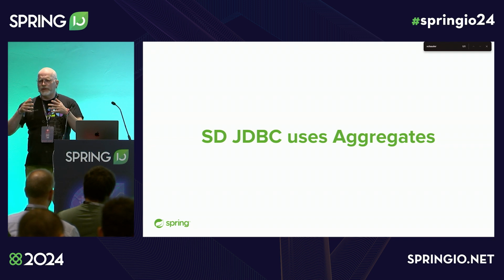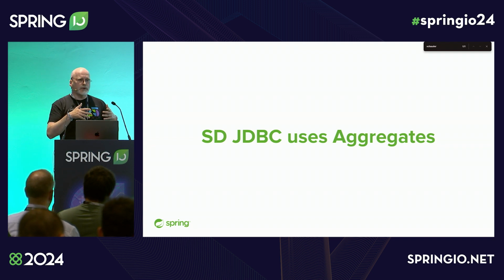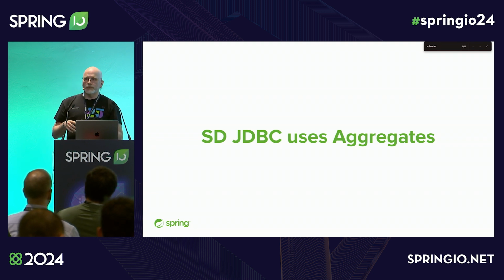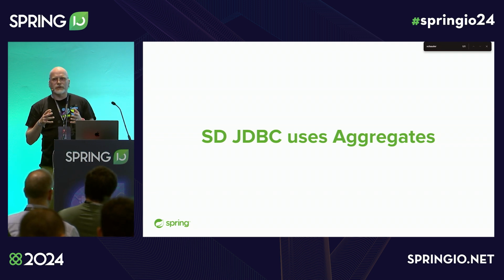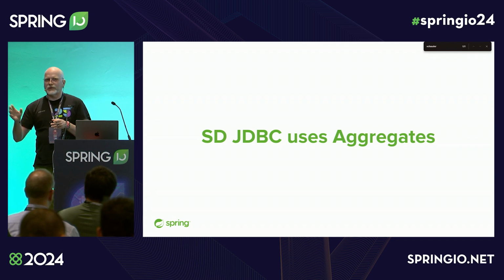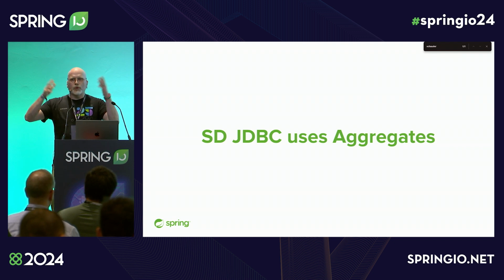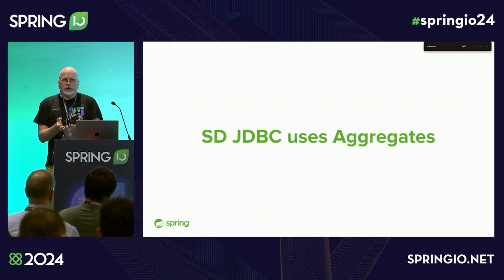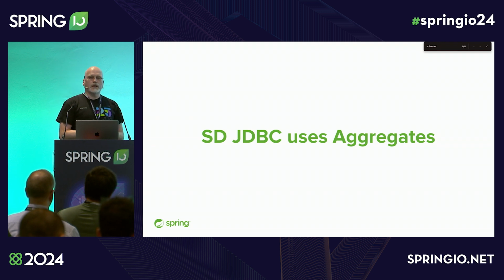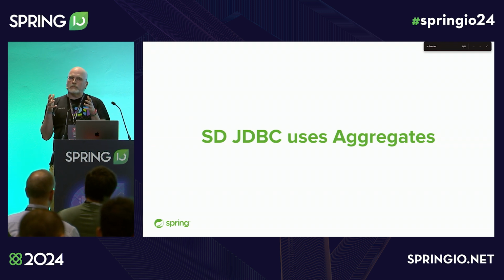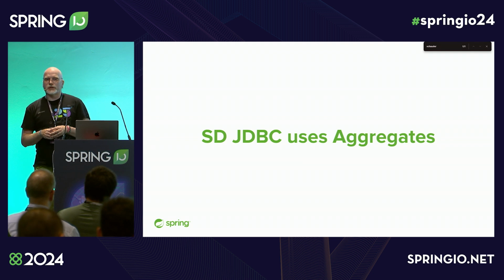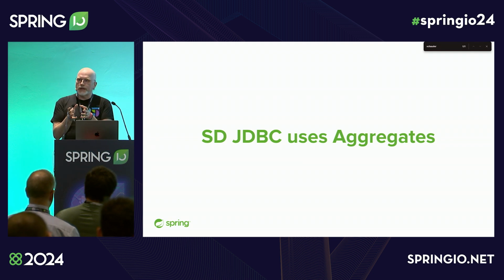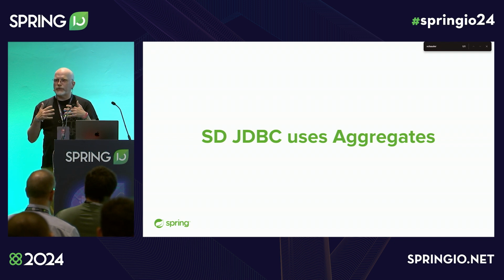In JPA, you have all this cascading and different fetch strategies, and if you aren't careful, you trigger different selects when you just access a getter, or you load the whole database into memory just when you load one little entity. This is very obvious in Spring Data JDBC. If you load an aggregate, it will load everything that is referenced by that aggregate by a normal Java reference.